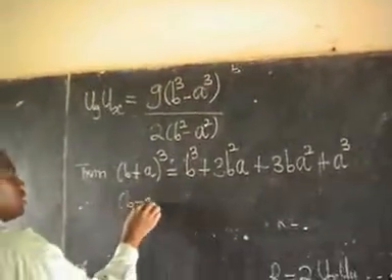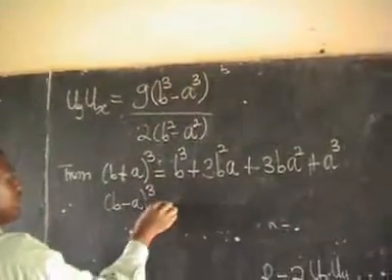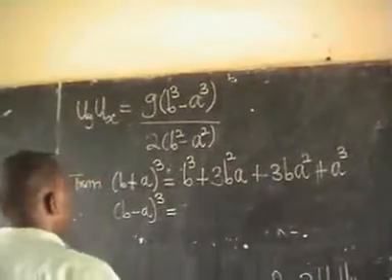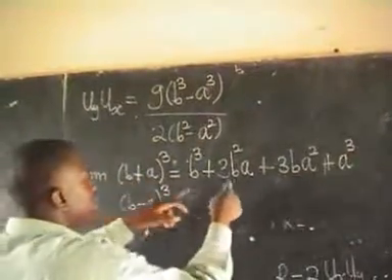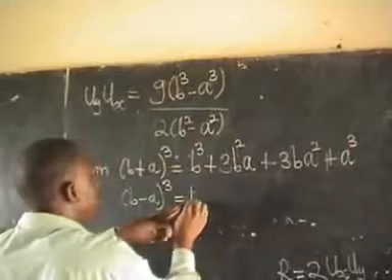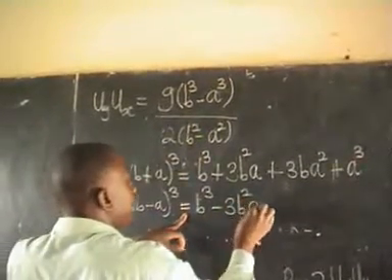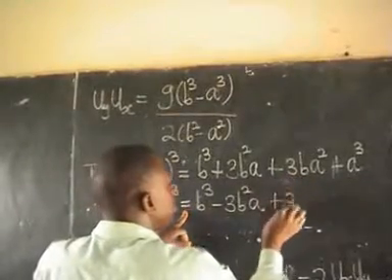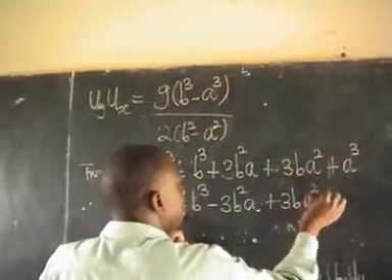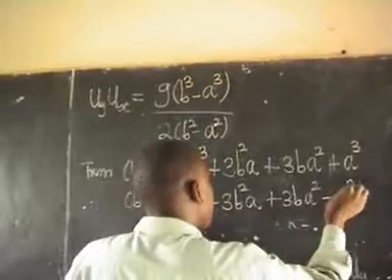So b minus a cubed is equal to, remember it's now negative a which is cubed, so it will make this negative, minus 3b squared a, so this one will remain a positive, and now this one will be negative.